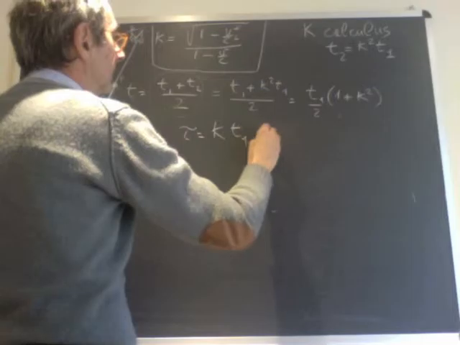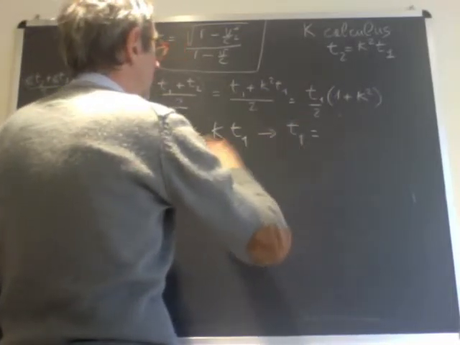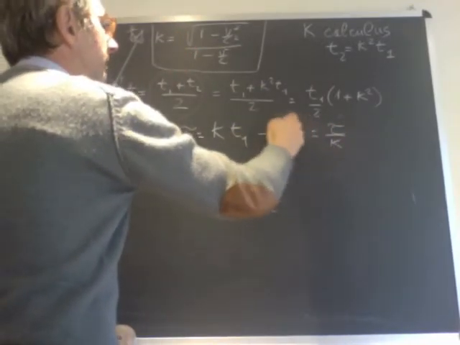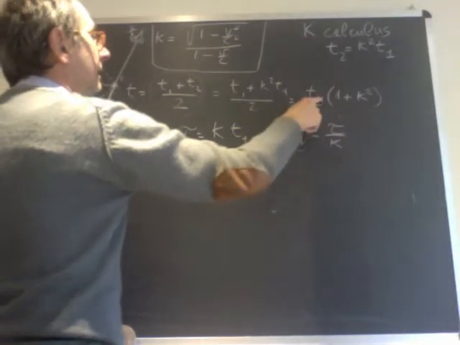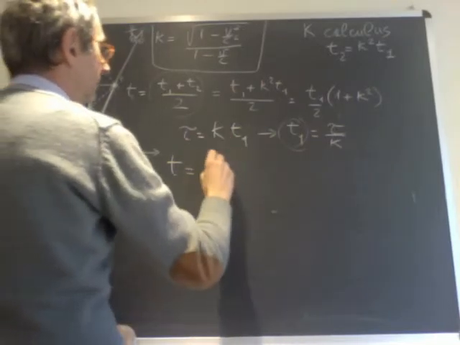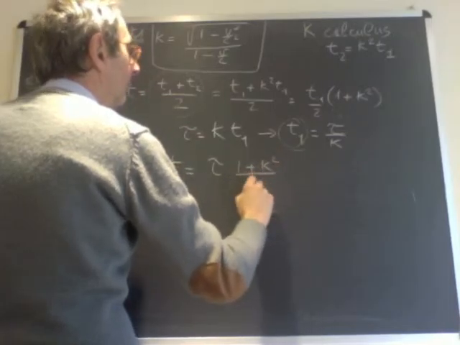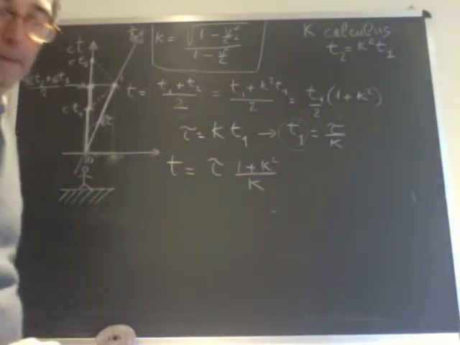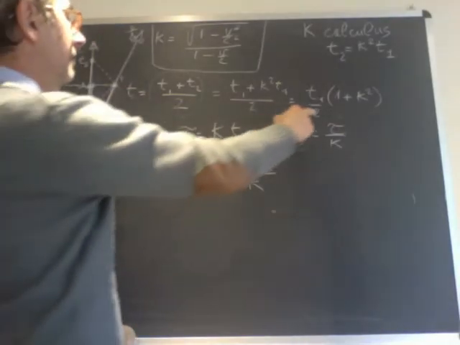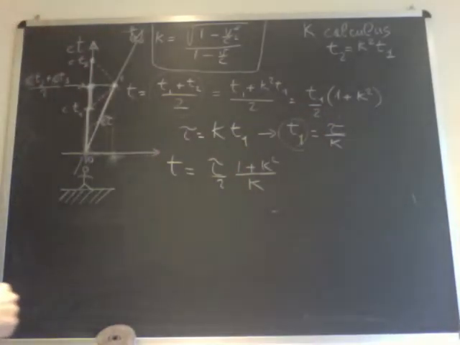From here, I get that t1 is equal to tau over k. Let me substitute this value inside the first equation. So we have that t, the terrestrial time, is equal to tau multiplied by 1 plus k squared over 2k. Sorry, I forgot a factor 2.